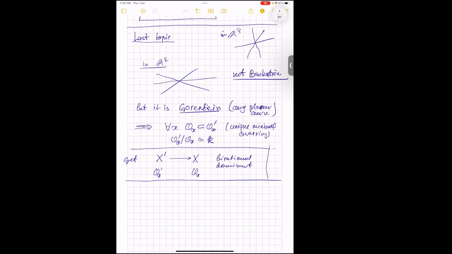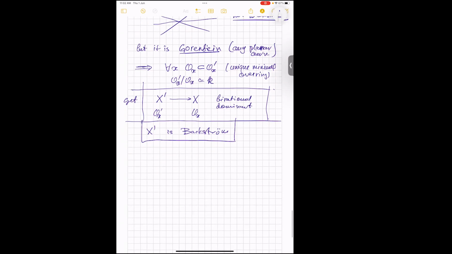Well, what does it give? And X dash, in our case, is Bäckström. So it gives us again a resolution.